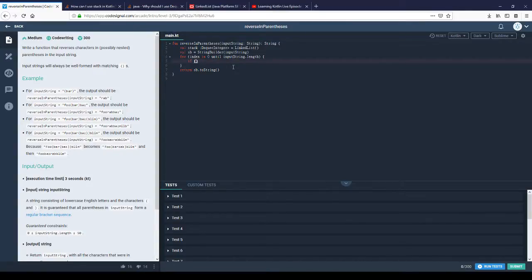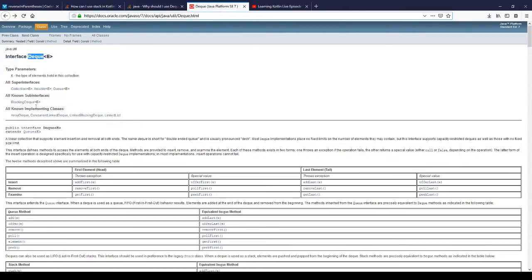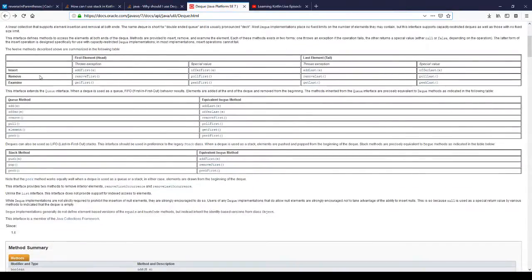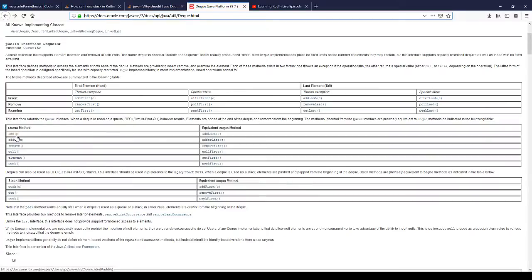If the input string at index equals a left parenthesis, push, and if it equals a right parenthesis, stack dot, let's take a look at that stack interface. Push, okay, push and pop.